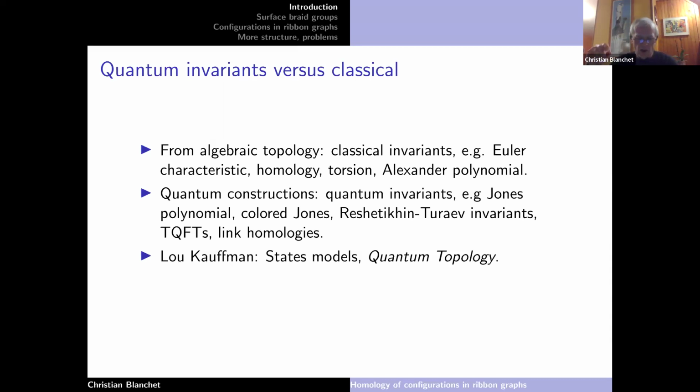And here I want to mention Lou Kauffman, who came with a nice state model for the Jones polynomial, which we used a lot. He was great in popularizing what became quantum topology. And I suspect he was probably the first to write quantum topology in a title.